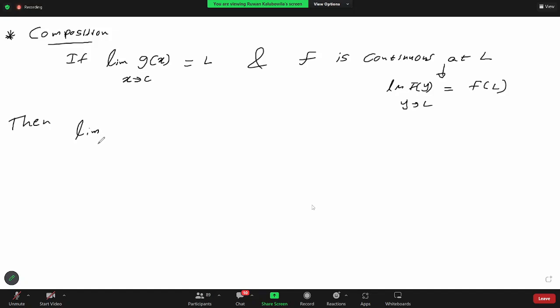The limit as x approaches c of f of g of x. So the function is a composition, right? Okay. Then we have to think about it.